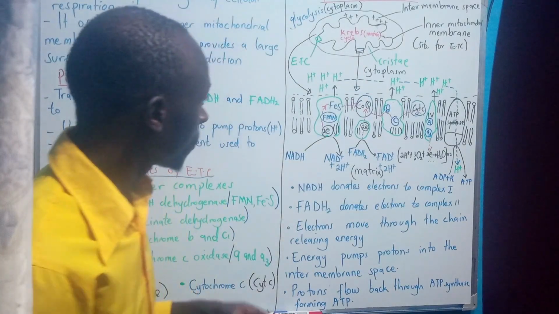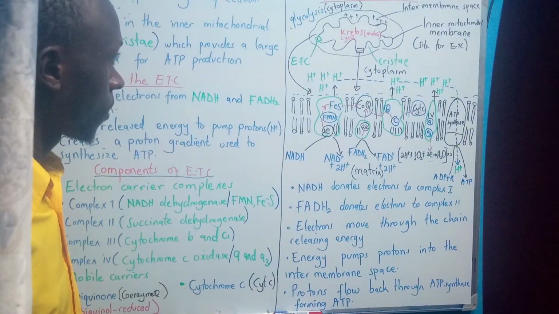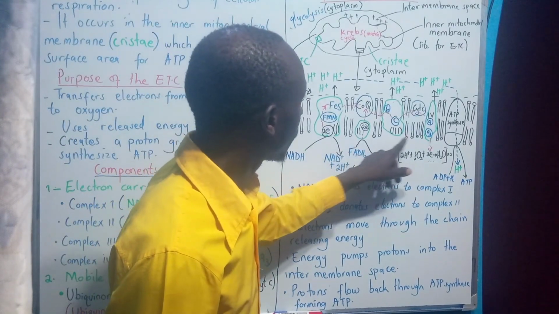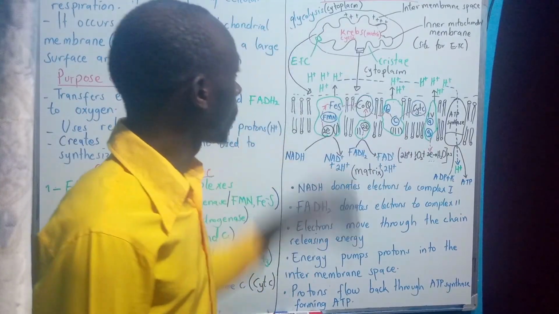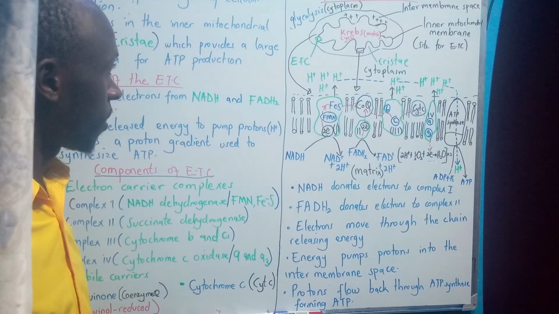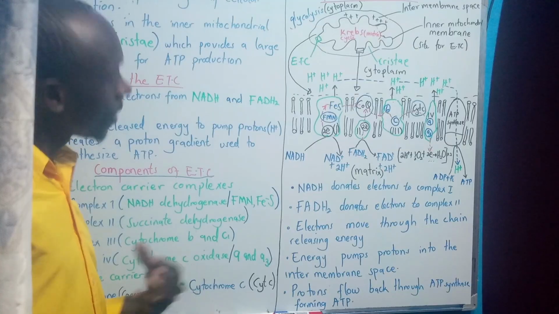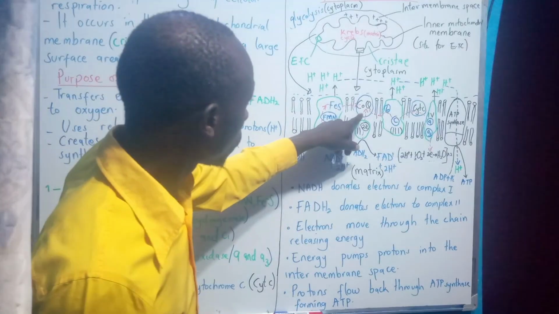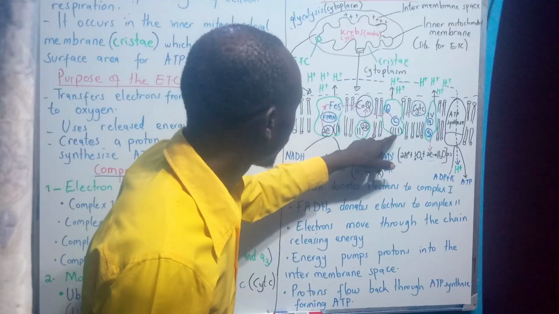It is only complex number 1, complex number 3, and then complex number 4 that pump protons to the intermembrane space, creating a proton gradient or an electrochemical gradient. So coenzyme Q then transfers electrons to complex number 3.